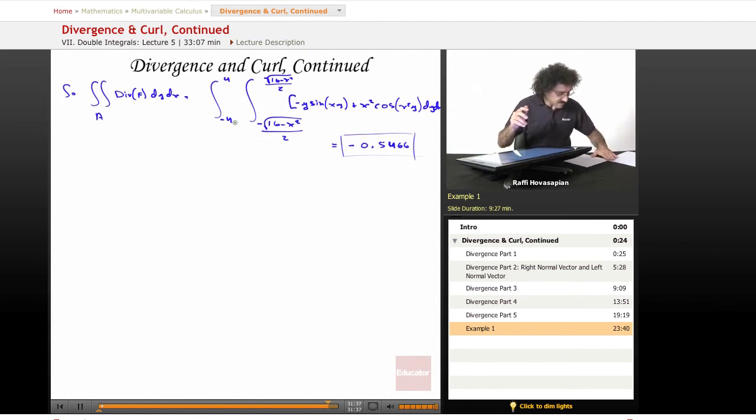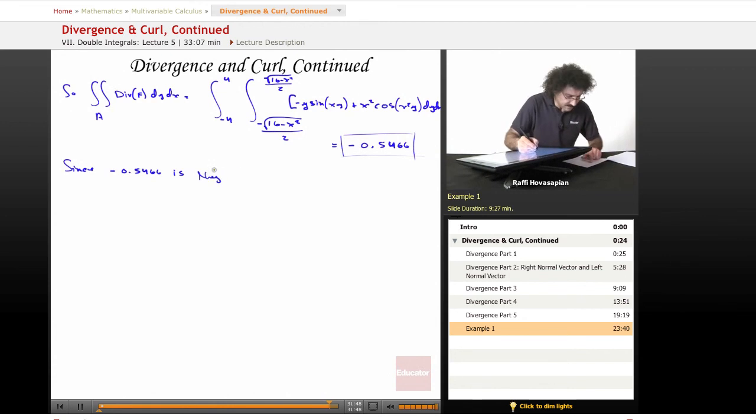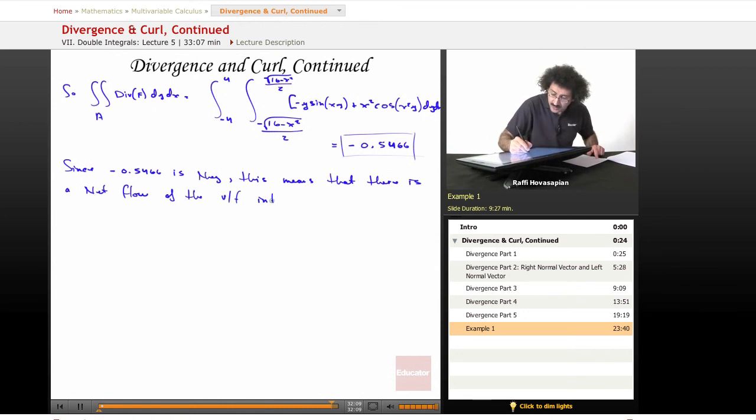Okay, so let's go ahead and write this out. Since negative 0.5466 is negative, this means that there is a net flow of the vector field into the region.